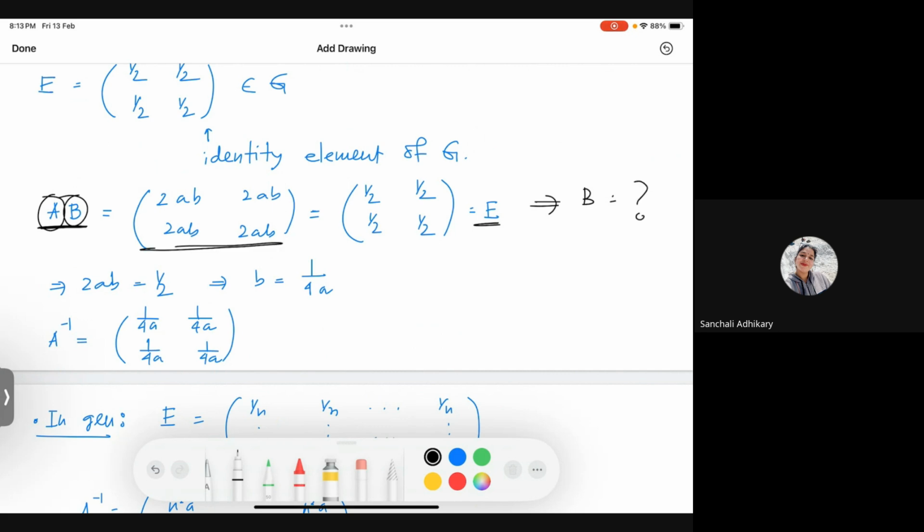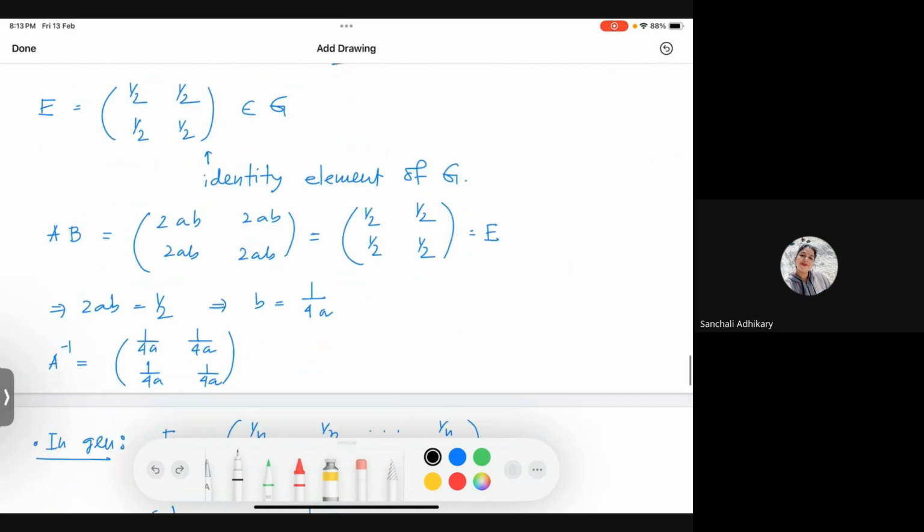So AB is this and E is this. From here, 2AB equals half, which implies B equals 1 by 4A. Since A is not equal to 0, B will exist. So the inverse of A is the matrix with all entries 1 by 4A.